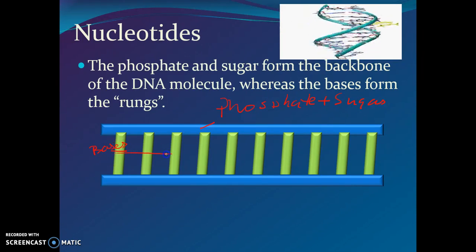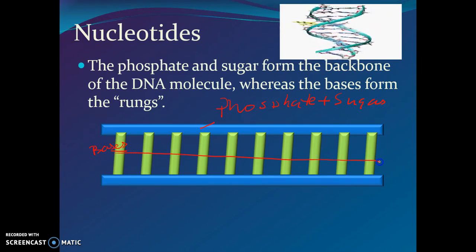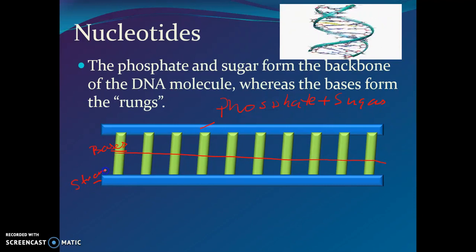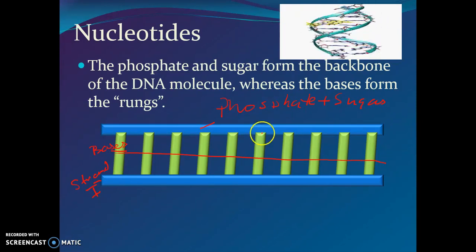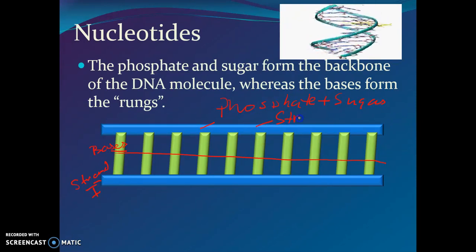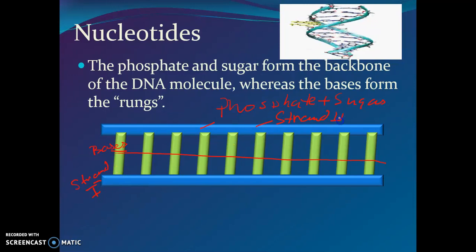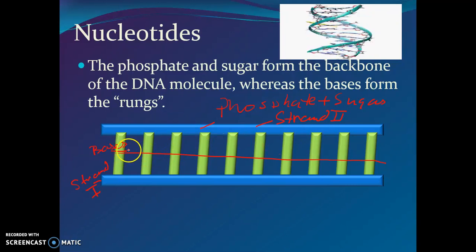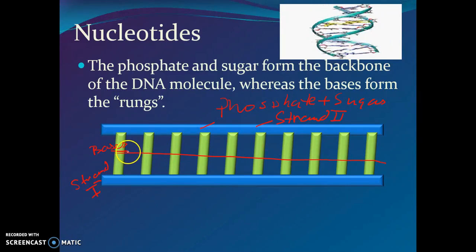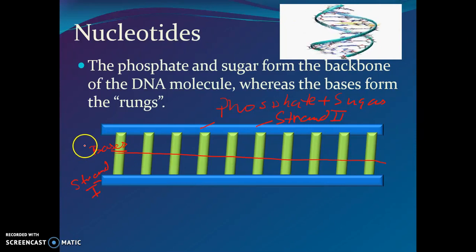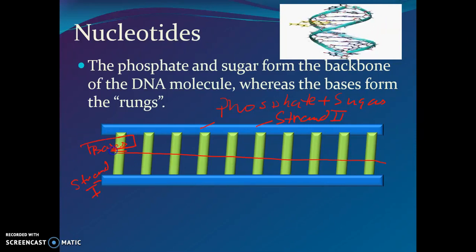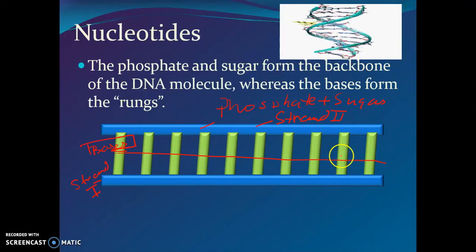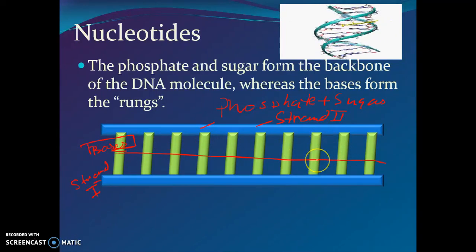If you divide this into 2, you can say this is strand 1 and this is strand 2, which are joined with each other in the middle to form a ladder with the rungs, that is the bases. So it's rungs which are running in between the backbone of these 2 strands.